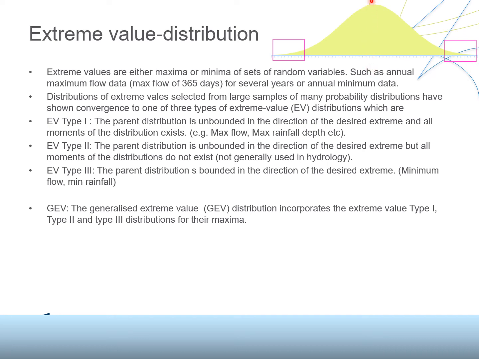So if you look at the 30 years time, 365 days, most of the values will be around this area. And there are very few values at the extreme low side and extreme higher side, right? But in hydrology, we are interested in the extreme side.